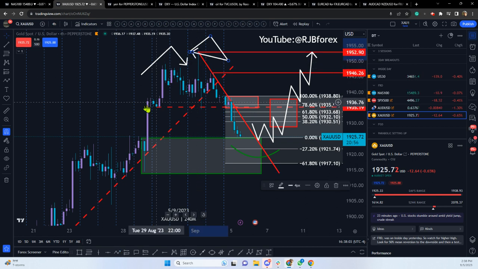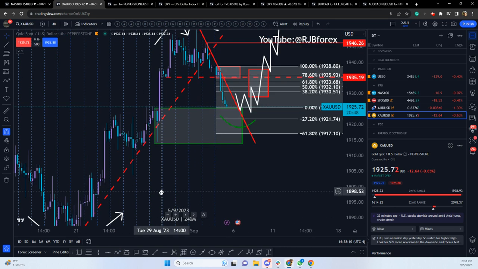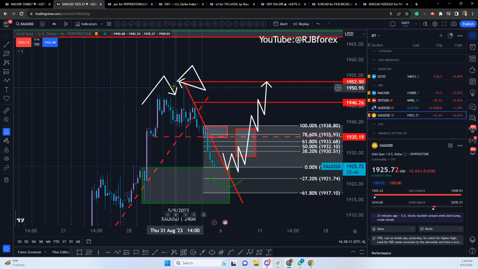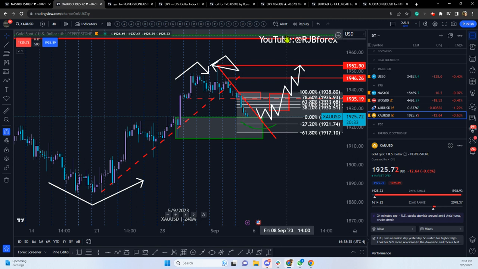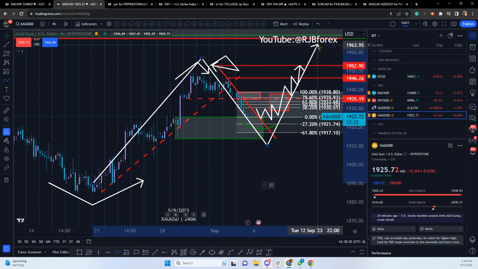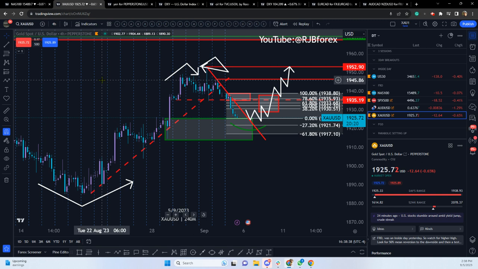Peak formation, peak formation, peak formation at the bottom, right? So peak formation at top. Will we get a higher low? That's what we're looking for in gold. So we've come up, correcting down for a continuation up, up, correction, up. Do you follow?